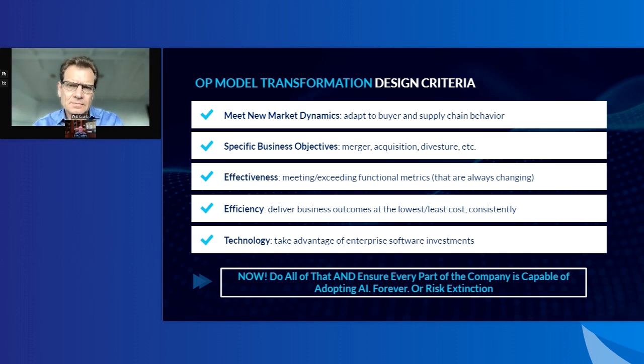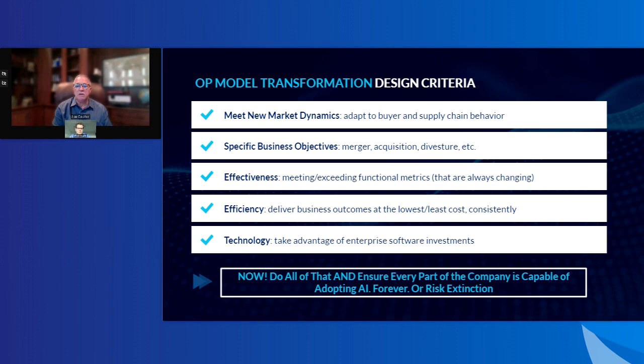Great points, Phil. When we sit down, Phil and I individually have done lots of operating model transformations. The first thing you do is list out your design criteria: what am I designing to satisfy in the new, to-be operating model?